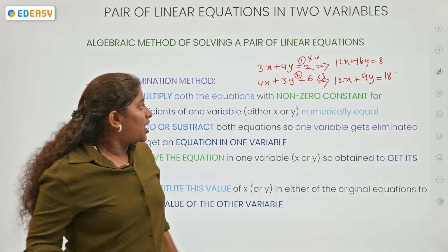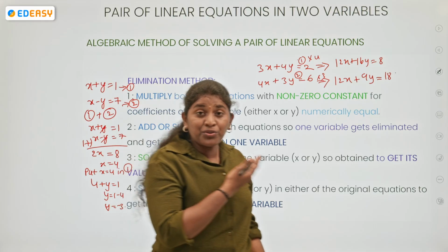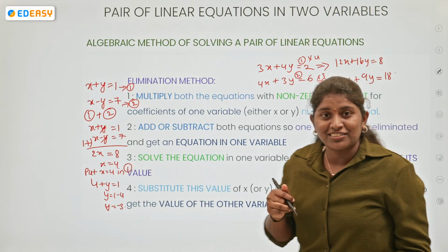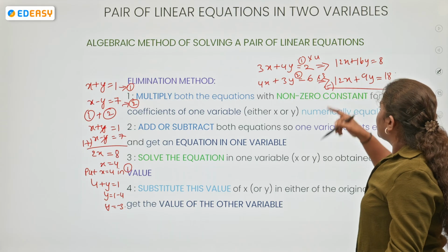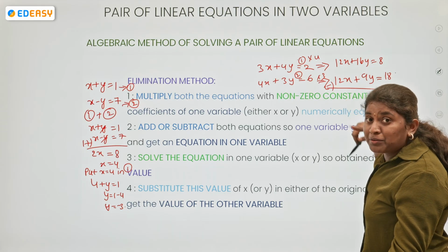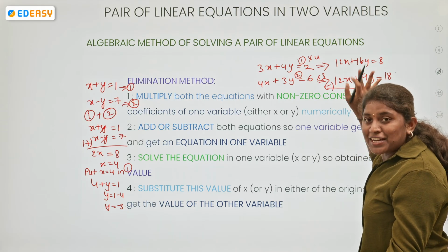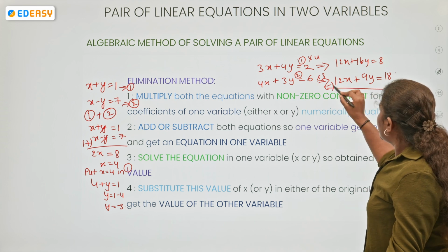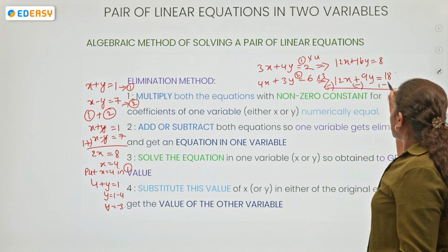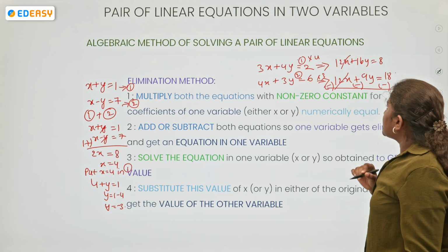Okay? So now let's solve them. Now you can do the direct addition or subtraction, right? So here I am doing subtraction, because if I do addition, 12 plus 12 will become 24 and I was unable to eliminate the x. Now this is minus, minus and minus. Now 12x cancels.